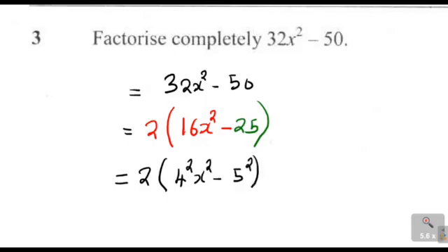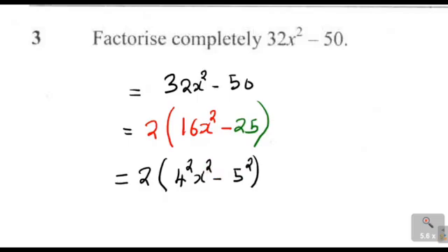Okay, so 4 to the power 2 is the same as 16 because 4 times 4 gives you 16. Then 5 to the power 2 is the same as 25 because 5 times 5 gives us 25. The reason why I'm writing them like this is so that we see the difference of 2 squares. Here we have a difference, which is a minus, and the squares.